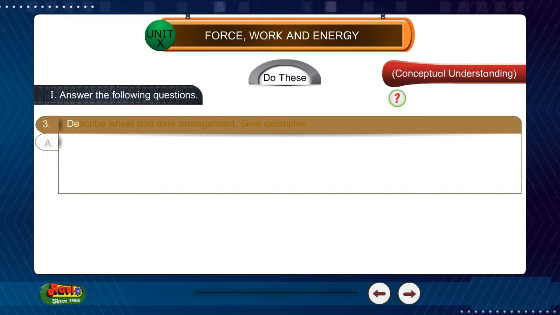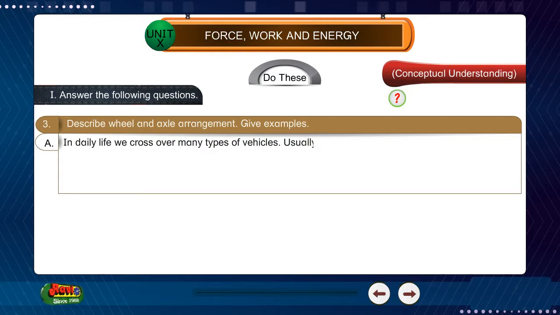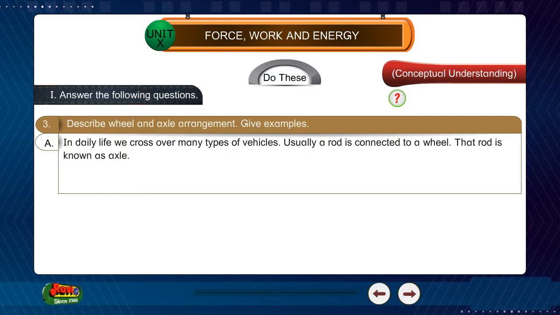3. Describe wheel and axle arrangement. Give examples. Answer. In daily life, we cross over many types of vehicles. Usually, a rod is connected to a wheel. That rod is known as axle.